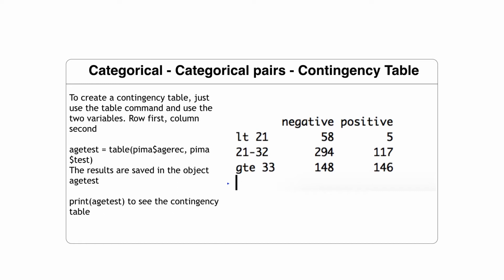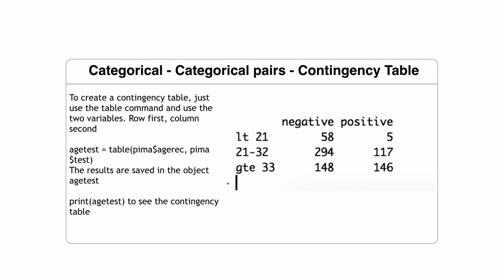If you do not give table any other parameter, table in this form just puts out the contingency tables in the form of raw numbers. If you have to add additional details to it, you can save the table into an object, and from that object you extract other things that you need.